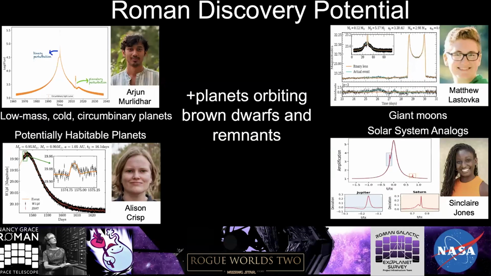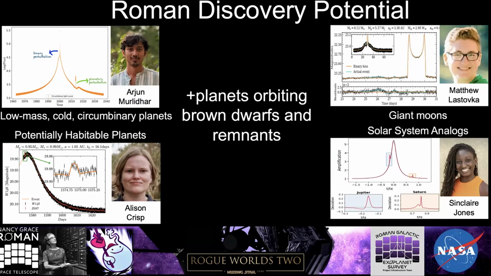Okay, so there's lots of cool stuff, as Etienne mentioned, that we can detect with Roman. We're going to probe new regions of parameter space that we can't do with ground-based surveys. So this is just a sort of smattering of ideas of what we might be able to do with Roman and various people that are working on it. Potentially habitable planets, so we might be able to constrain A to Earth.